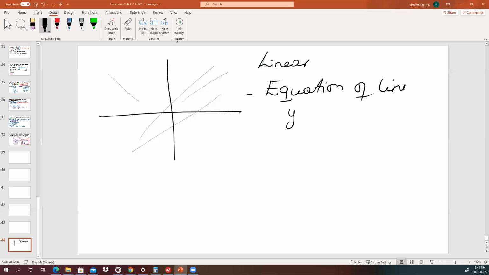Right, which was y equals mx plus c. So we did the equation of the line. We also looked at the midpoint. What else did we look at?